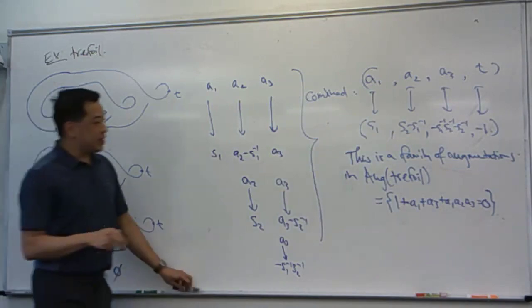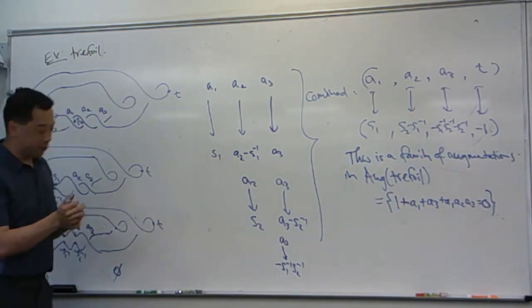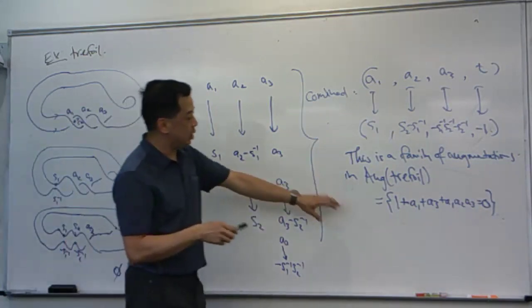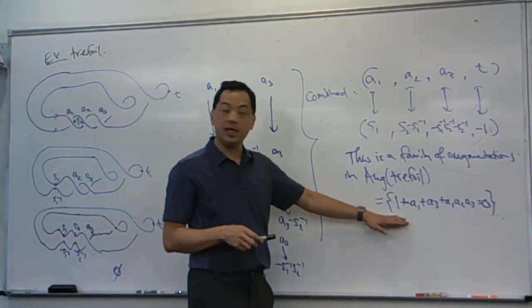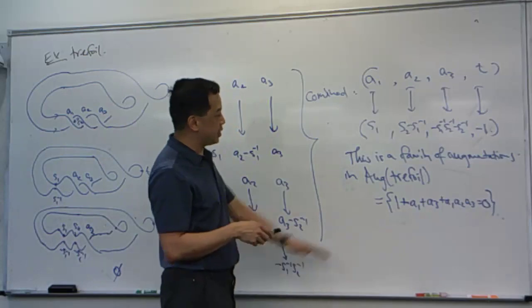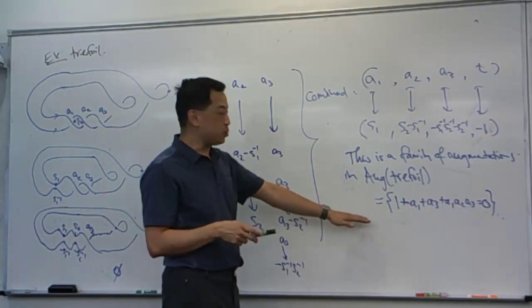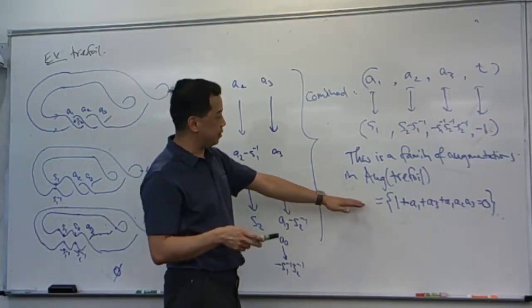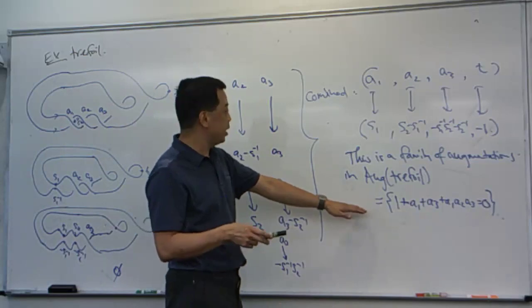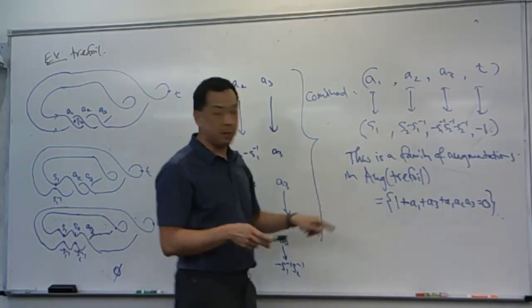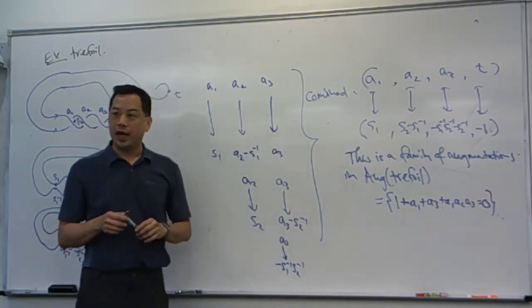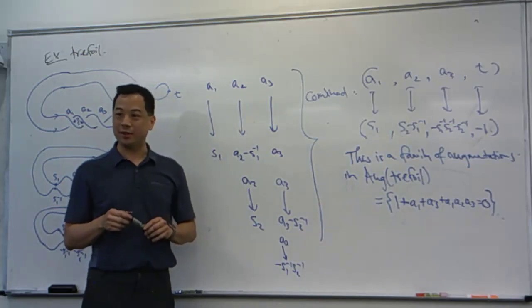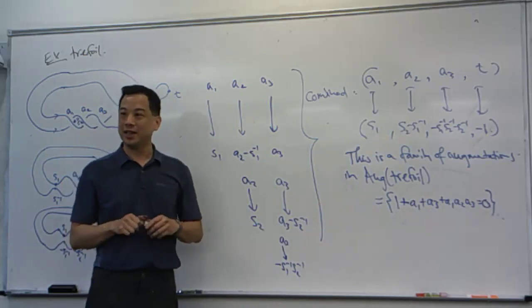Okay. This of course should look familiar, because this is one of the charts on this particular augmentation variety, and this is actually a cluster chart. So the correspondence between this and what we just saw in the previous lectures is to replace S1 and S2 by capital A1 and capital A2, and possibly fudge with the signs, because I don't know if I got the same signs as before.